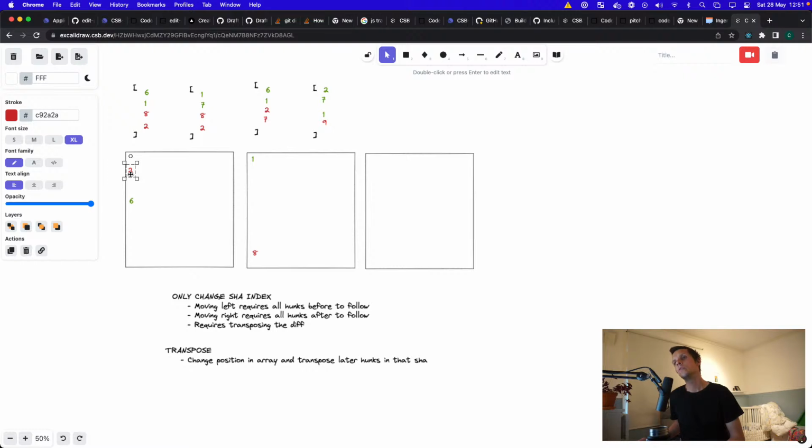So I could do two things. I could transpose this one to be line 1, right? Because then it would actually remove the same line as it removed here.